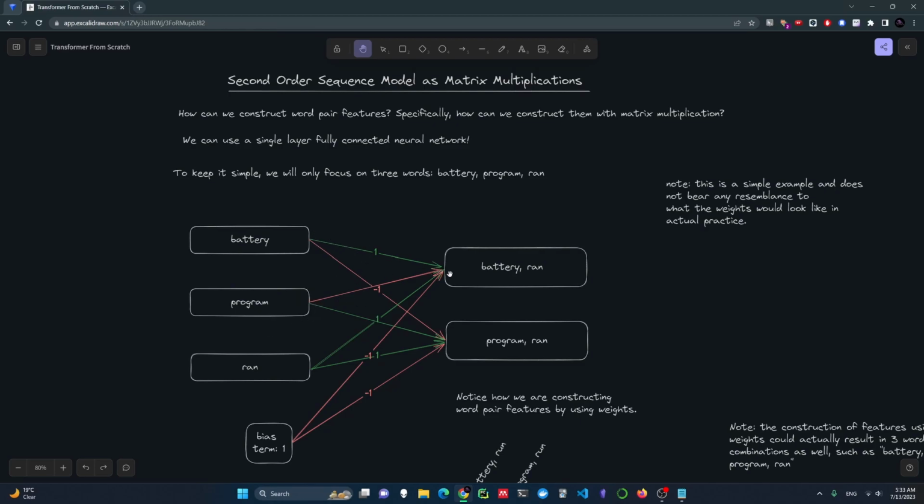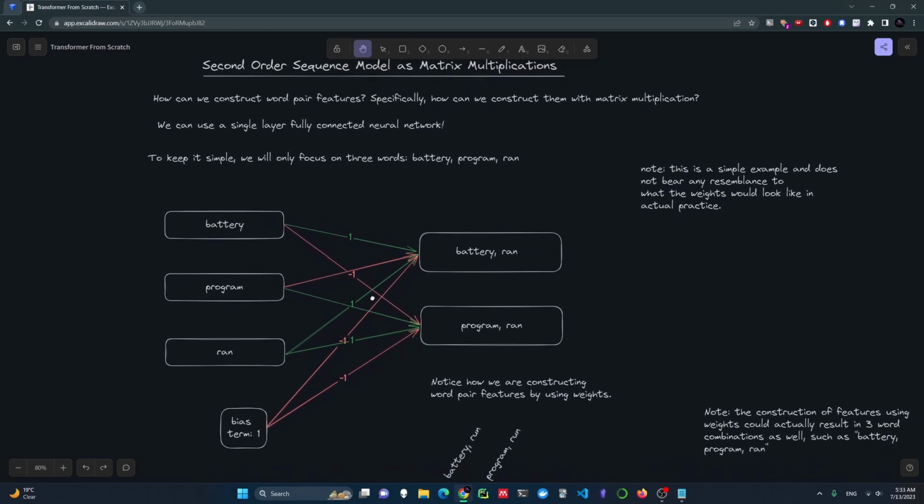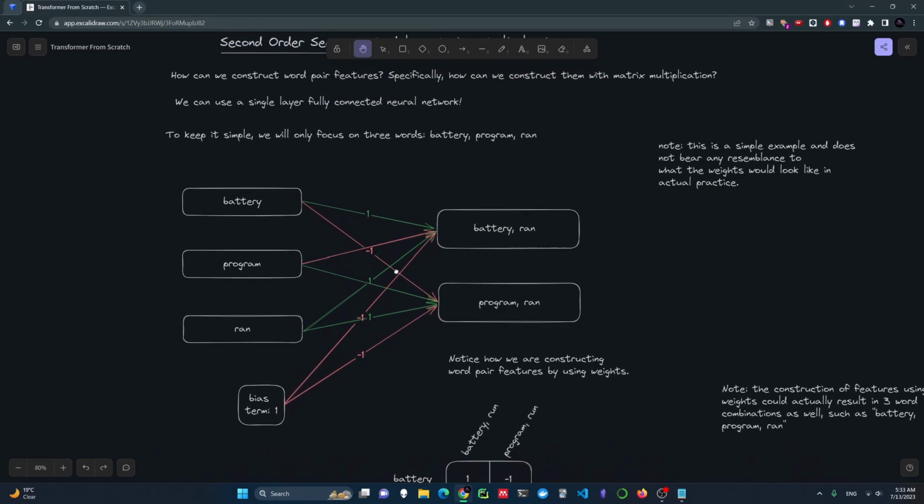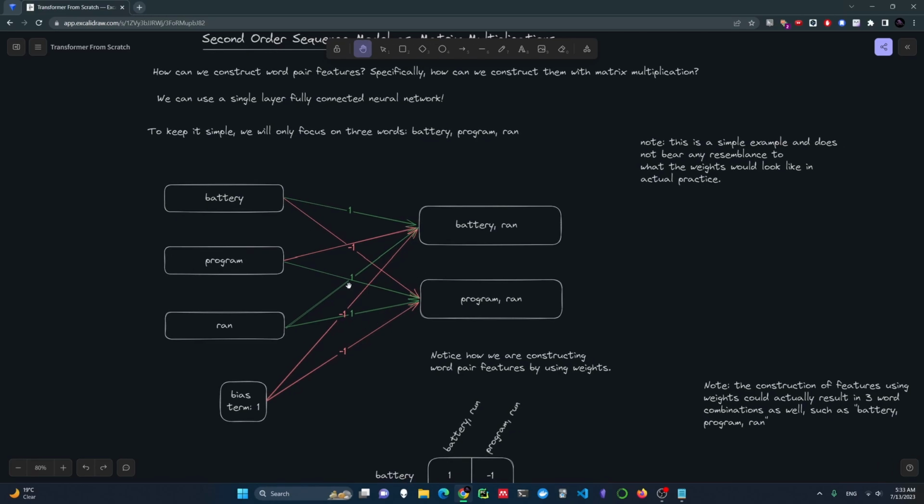And essentially, if we combine them in a specific way, we actually get a feature representation. And just to keep in mind, this is extremely simple and does not bear any resemblance to what the weights would actually look like in training. So this is just to help you visualize and understand how it works.